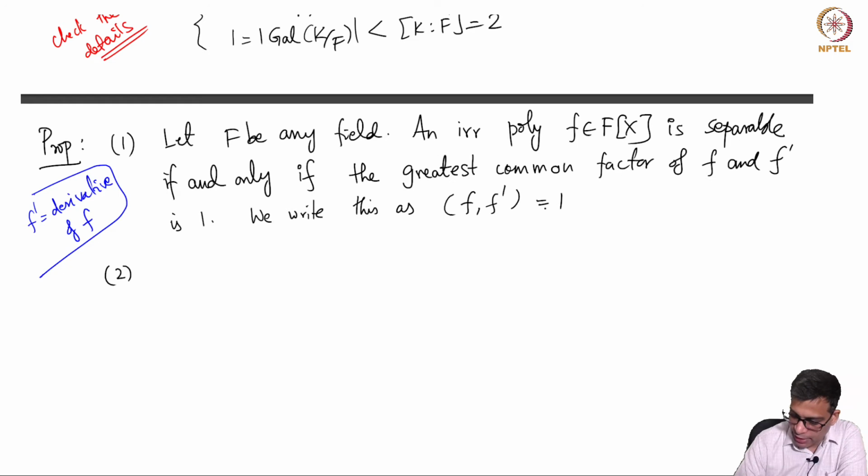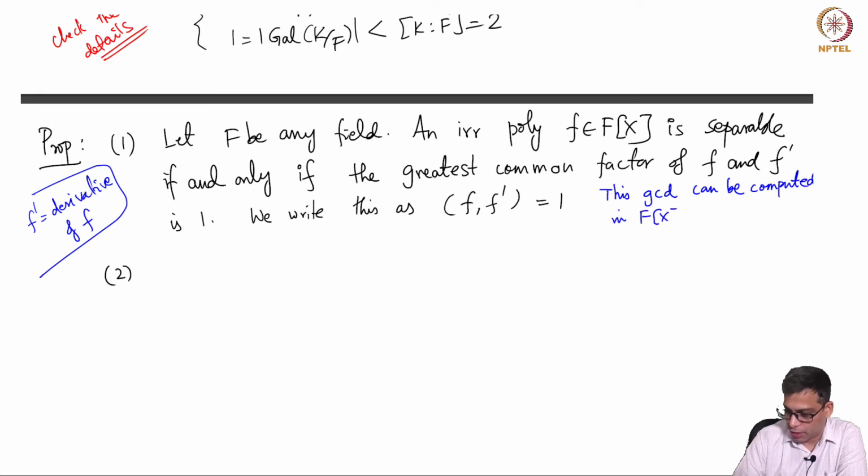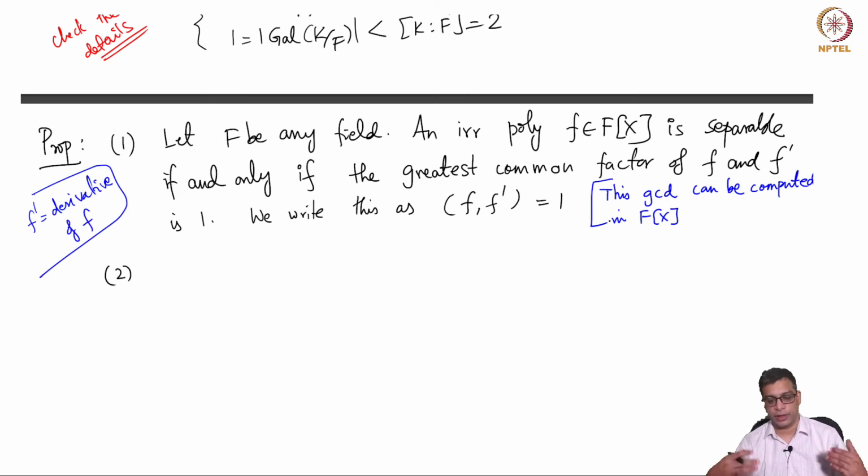And the point is this GCD can be computed in F itself. I will explain this again in the proof, but you don't need to see if they factor completely and then look at the common factors.